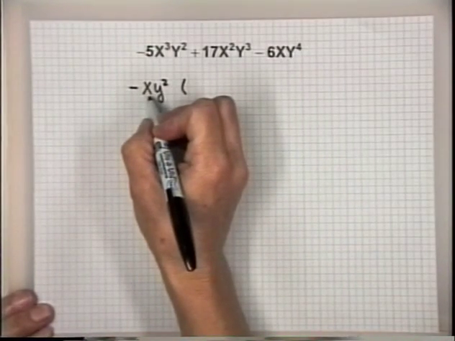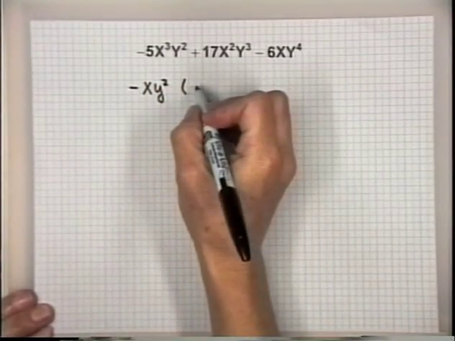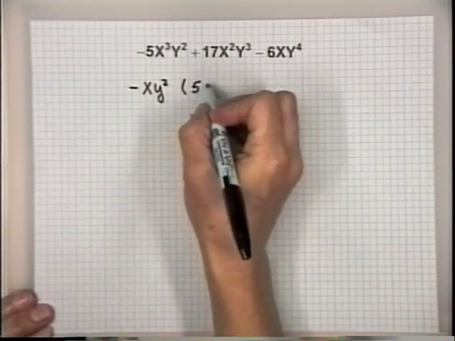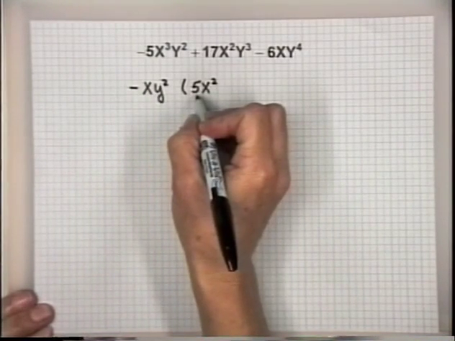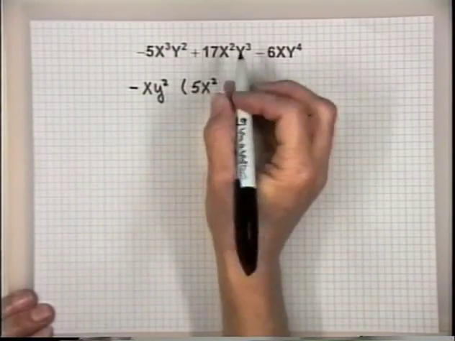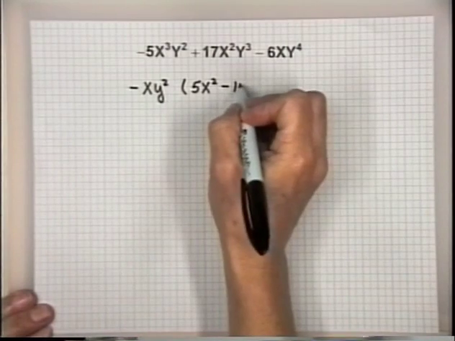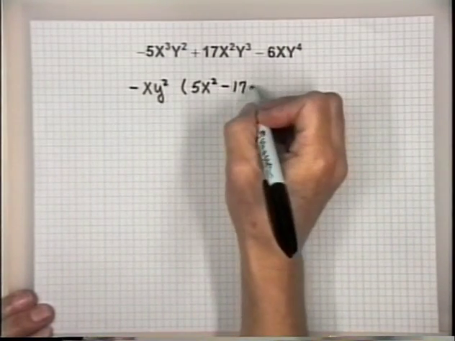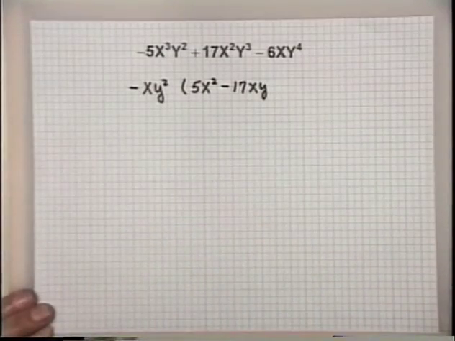Dividing negative xy squared into negative 5x cubed y squared, we get a positive 5 x to the second power. Multiplying these, notice we do get negative 5x cubed y squared. Dividing our middle term by a negative will give us a negative sign, 17. We will have 1x and y also to the first power.